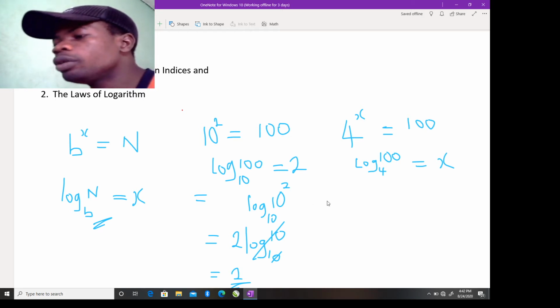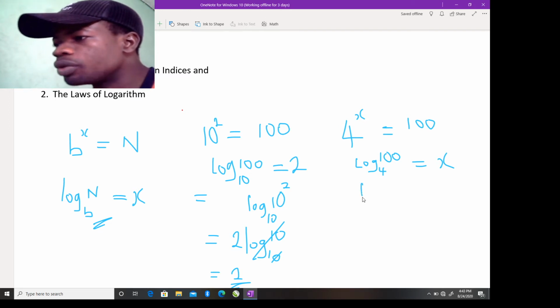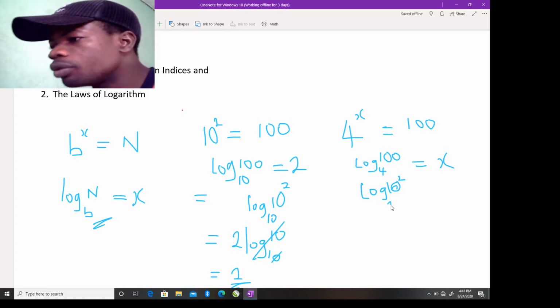Are you following me? So here you are going to be having log 100. That can be written as log 10 raised to power of 2. Then this one can be written as log of base 4. So what do we have?